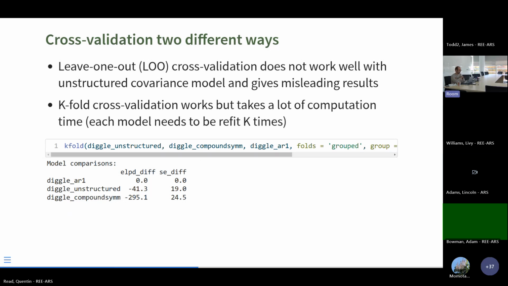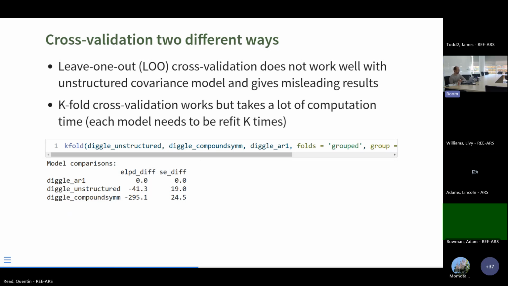So I won't get into the details of it, but what we're going to do is use k-fold cross-validation to compare the 3 models and get basically a cross-validated information criterion to see which model is the best fit for the data. And we're not going to run this code in here because it takes a lot of computation time.